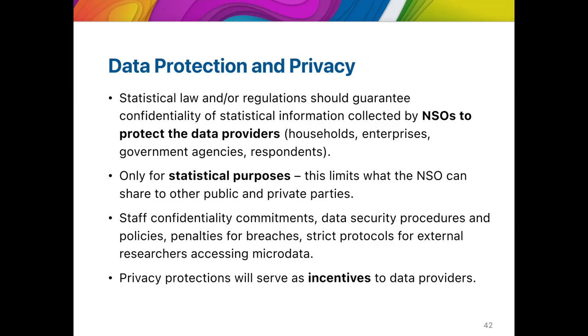This limits what the NSO can share with other public and private parties. Staff confidentiality commitments, data security procedures and policies, penalties for breaches, and strict protocols for external researchers accessing microdata should all be considered. These privacy protections will serve as incentives to the data providers mentioned earlier.